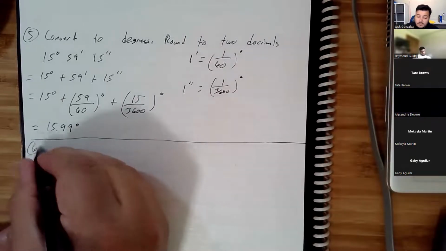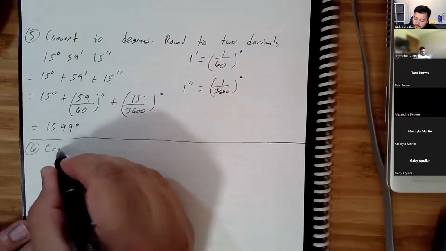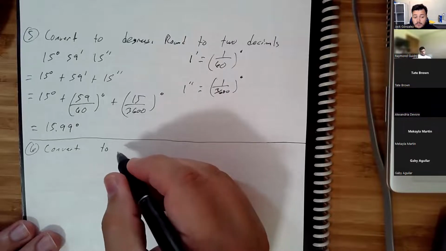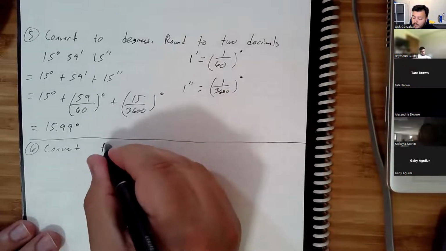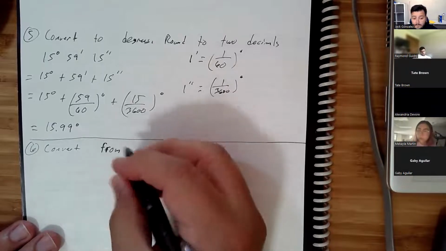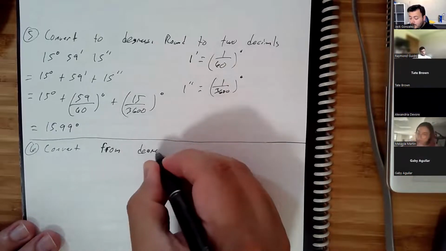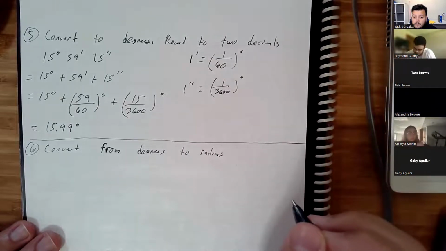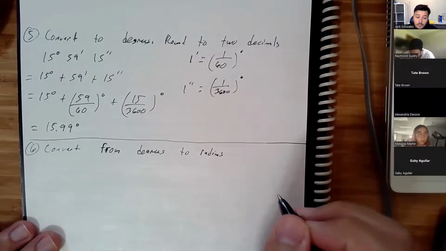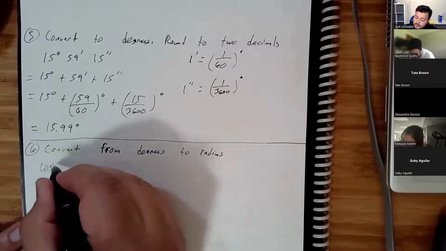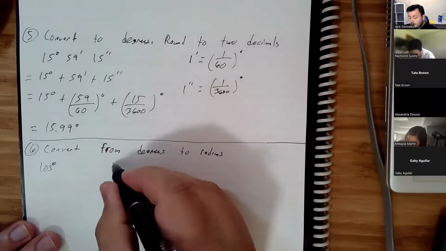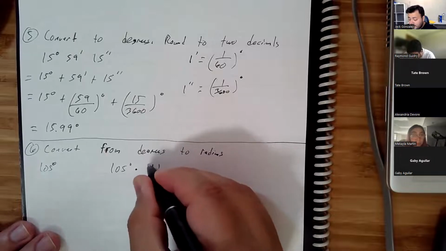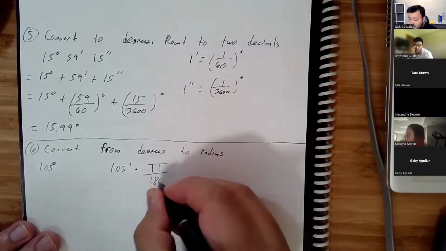Number 6 is super easy. Let's just do it real quick. Convert from degrees to radians. So if they give you 105 degrees, you have to multiply 105 by the conversion factor. I want degrees on the bottom to cancel degrees, right?